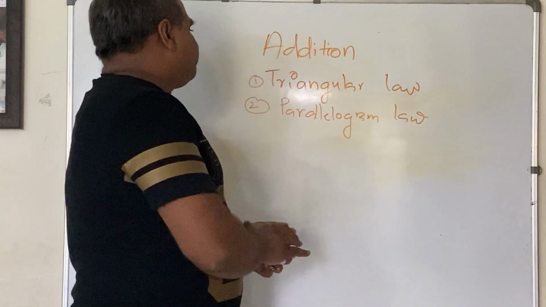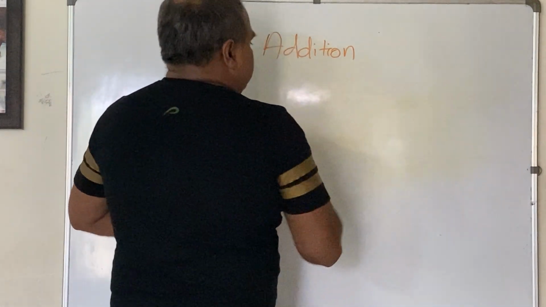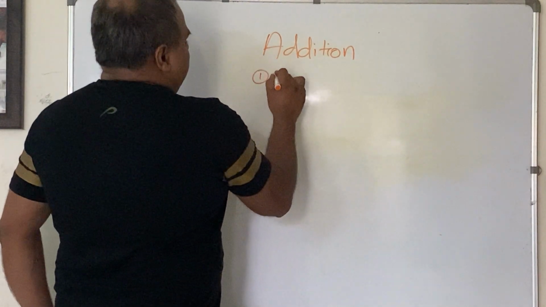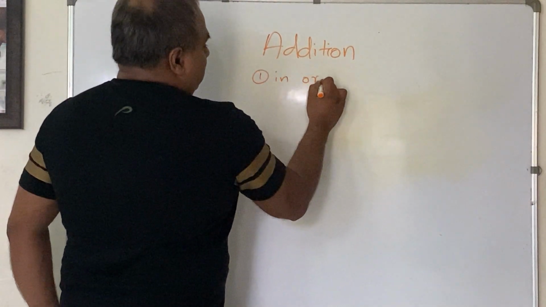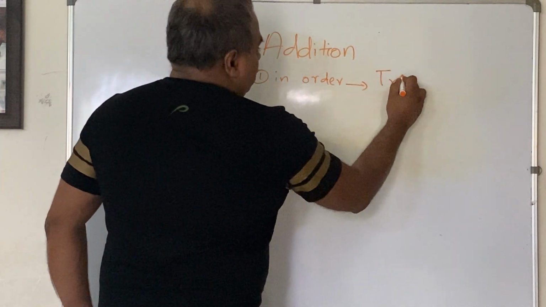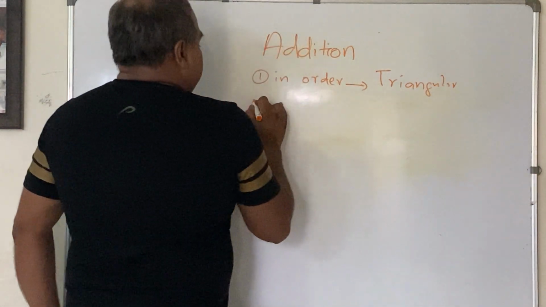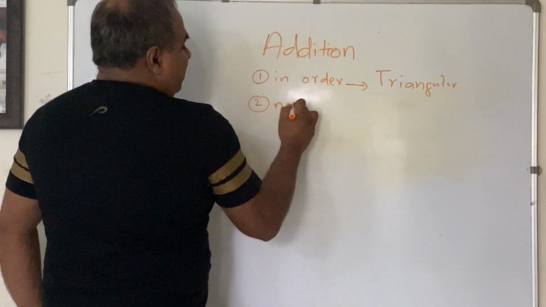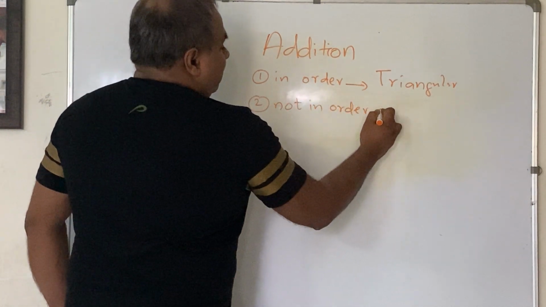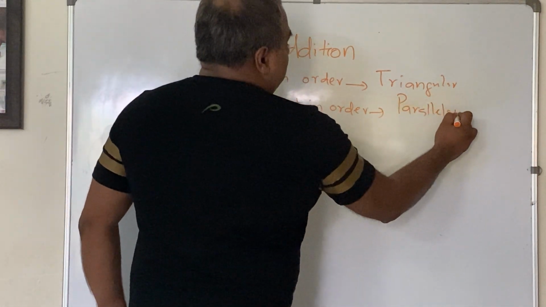If the vectors are in order, you will use the triangular law. If the vectors are not in order, you will use the parallelogram law.